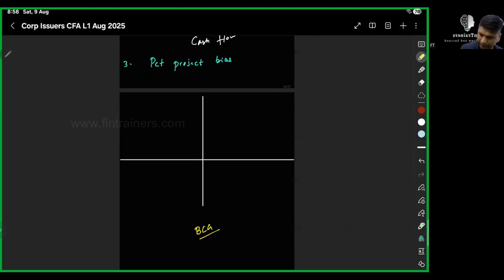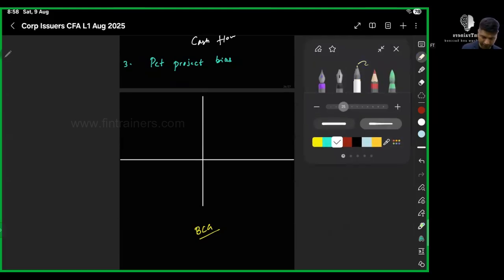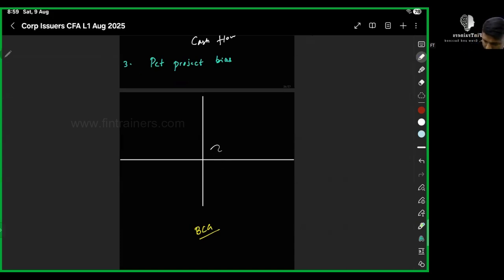On the y-axis, let's say I want to look at their market share, and on the x-axis, the market growth. This one is the market, the industry as a whole, right? Market growth rate. And this one is their market share. Market share is very high at the top and low at the bottom, and market growth, let's say this is low and this is high.